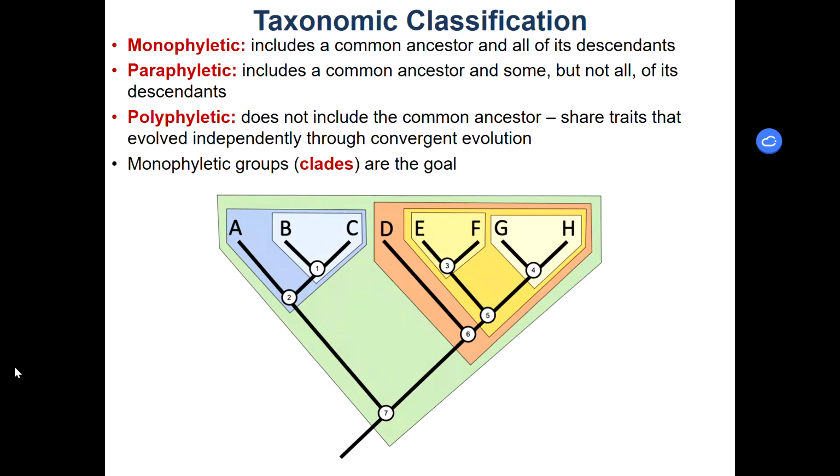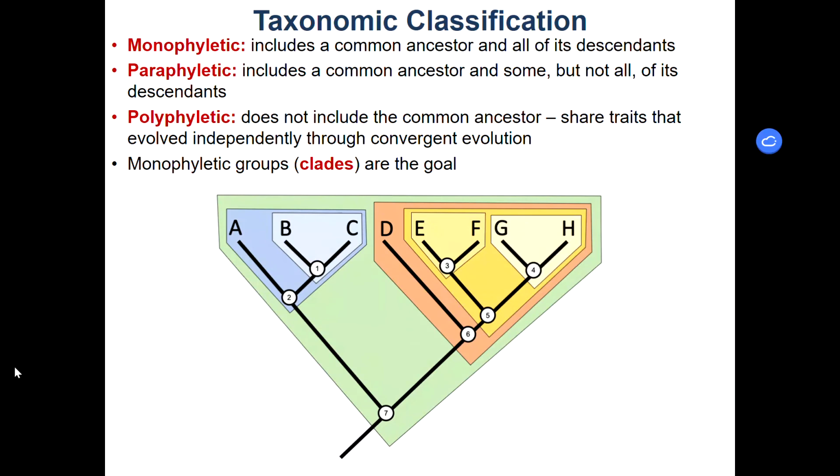E, F, G, H is monophyletic because they share a common ancestor. D, E, F, G, H is one monophyletic group or clade because they share a common ancestor. And A, B, C, D, E, F, G, H is also one big monophyletic clade because they share a common ancestor. So you can have a clade within a clade, and that's okay.